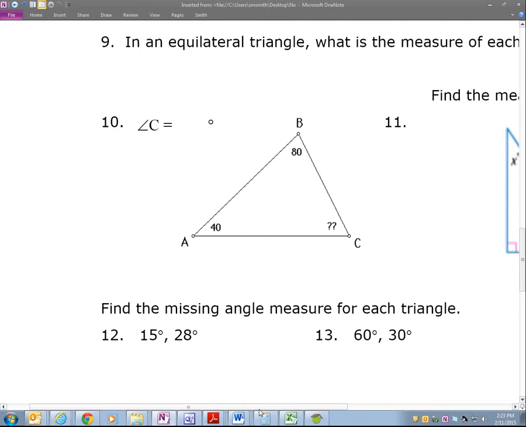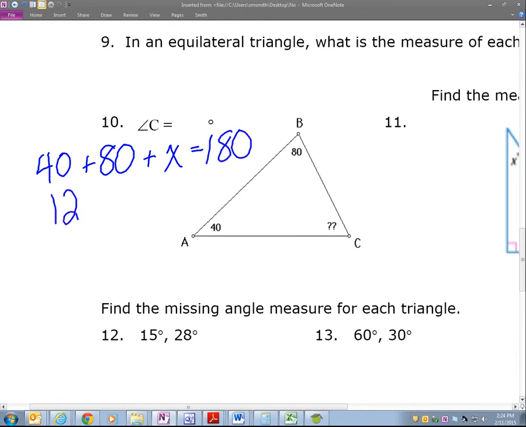Okay? So each step, my A plus B plus C is going to be 80 plus 40 plus C, and I don't know what my C is going to be. Oh, actually, I guess I could do the actual point values of A plus B. No, you don't. A plus B plus C, I'm going to have that be X because that's what it's like on the homework, equals 180. Then I'm going to combine like terms, and I have 120 plus X equals 180.